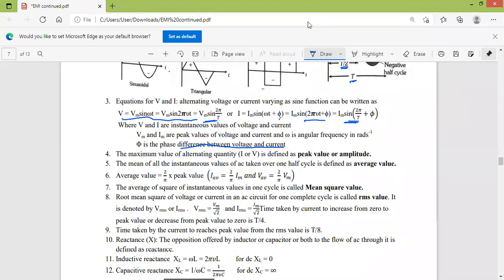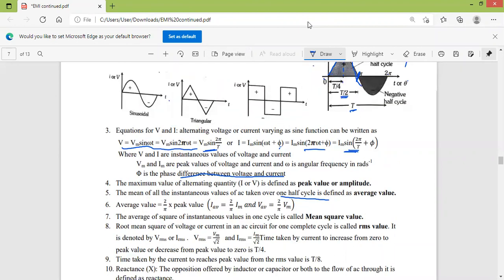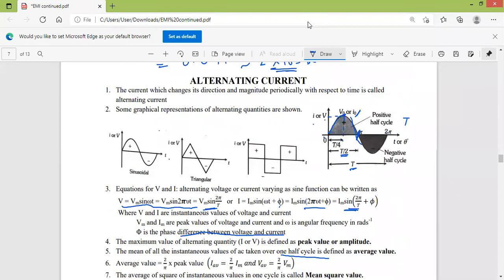Next, average value. The relation between average value and peak value. Average value means the mean of all the instantaneous values of AC taken over one half cycle. Why is it not taken over the full cycle? For a full cycle the average value is 0, because for every positive value there is a negative value, and plus and minus get cancelled.